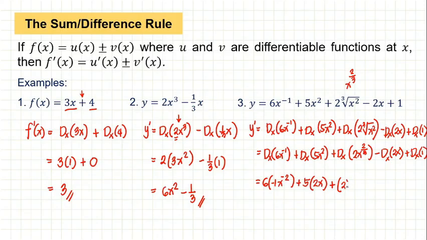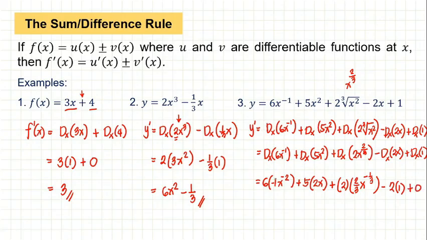Okay, then we have x to the 2/3, so we bring down 2/3 according to power rule. Then x to the 2/3 minus 1 is equal to negative 1/3, right? Then we have minus derivative of 2x, so that will be 2 times the derivative of x is 1. The derivative of 1 is 0.